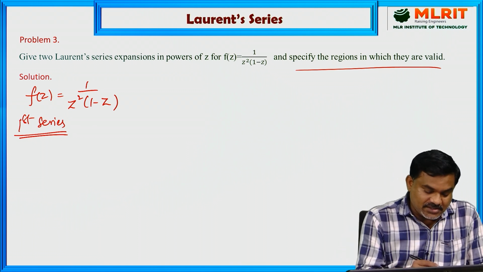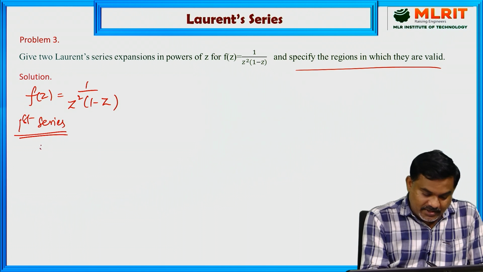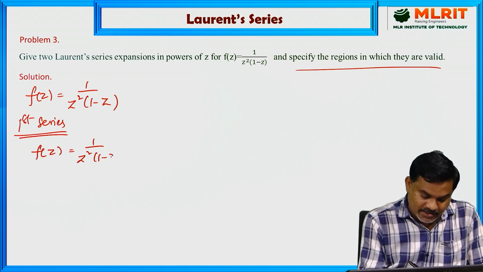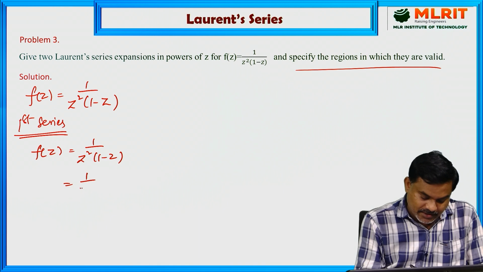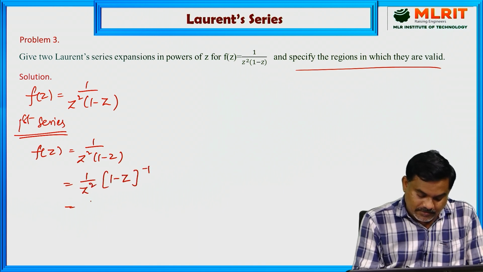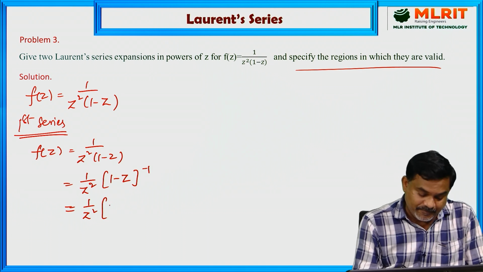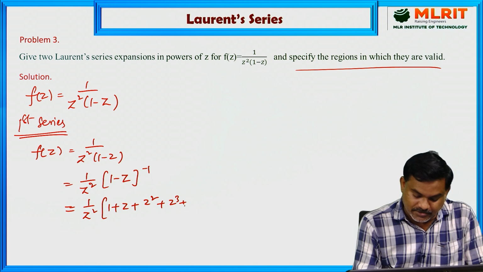So, the first Laurent series expansion, f of z is 1 by z square into 1 minus z. Simply expand this using the known standard expansions, 1 plus z square plus z cube plus so on.